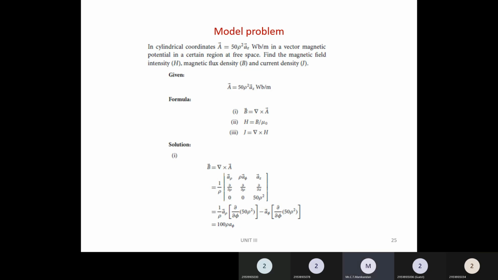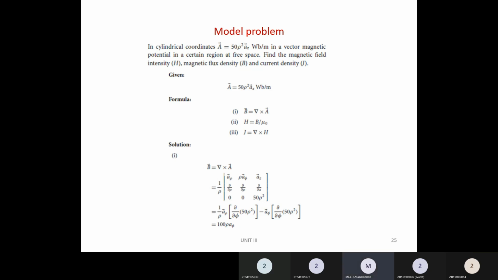Once you know about that A value, I told in the first session itself, the different coordinate systems are very, very important: Cartesian, cylindrical, and spherical coordinate systems. You can see this question is given in cylindrical coordinate system. For cylindrical coordinate system, what is the formula for curl? That we have to first determine.